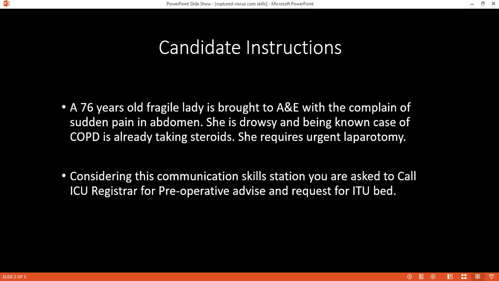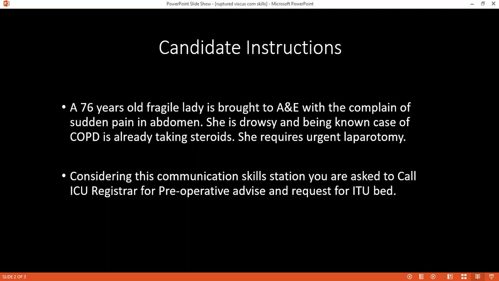Since the patient will be taking steroid inhalers, how do you suggest the steroid requirement would be managed during and after surgery? I will give her IV hydrocortisone, because this is a major surgery.